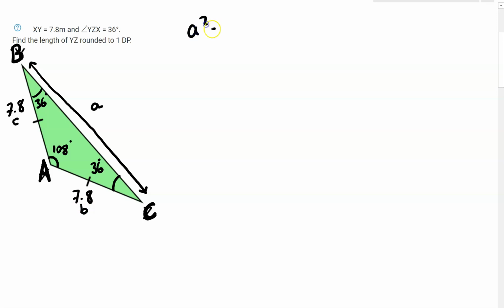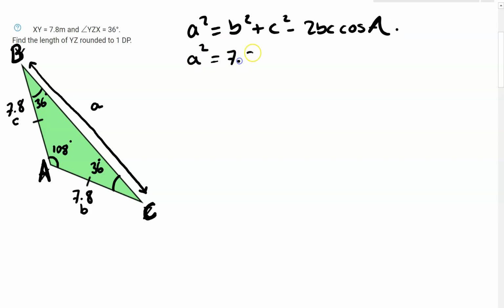So again, I'm just going to quickly pop the formula up here. Okay, so little a we don't know. B is 7.8 squared, 7.8 squared. 2 times 7.8 times 7.8 times cos, and capital A is 108.